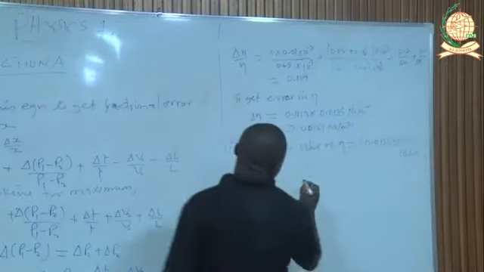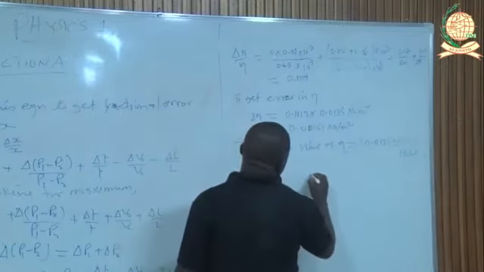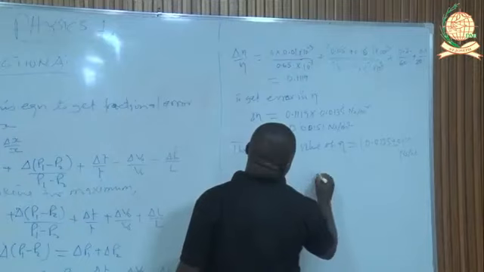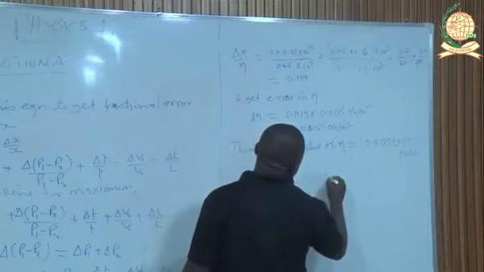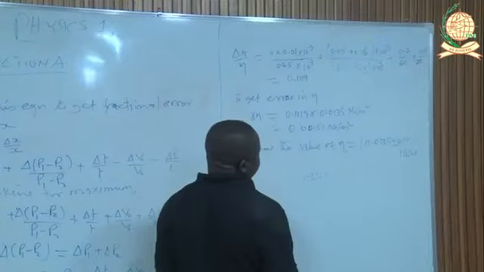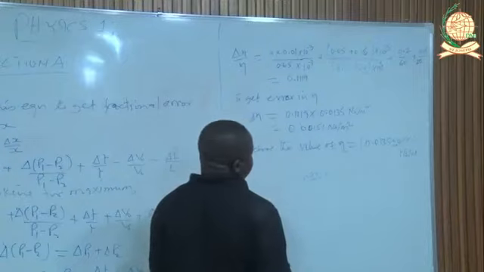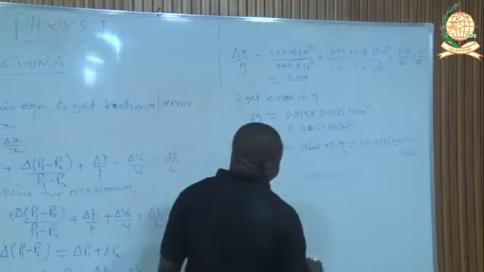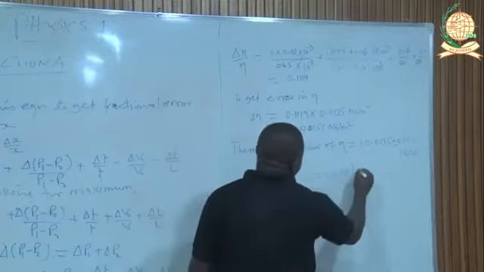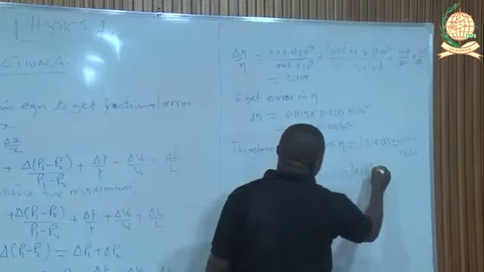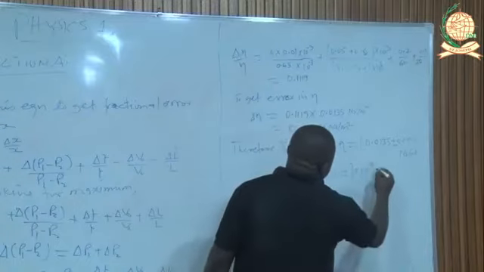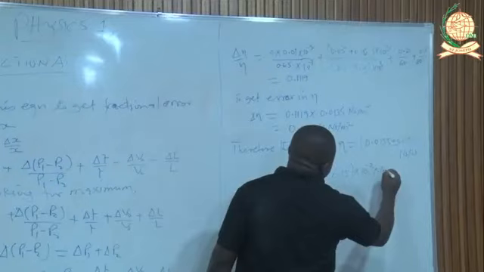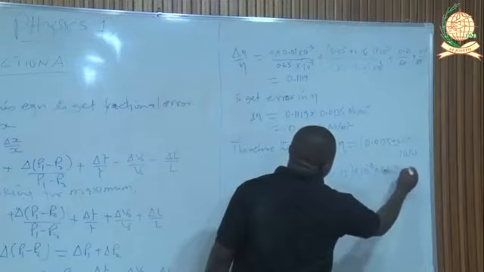Or sometimes you can write (1.35 plus or minus 0.15) times 10 exponent negative 2 Newton second per meter square.